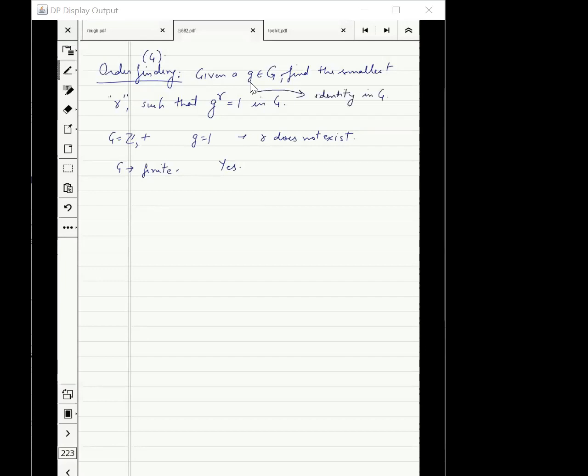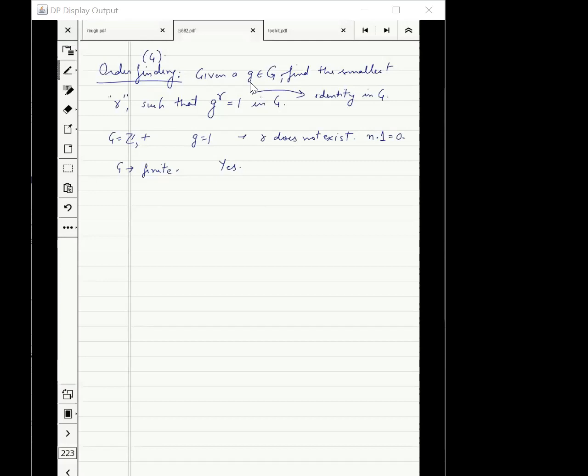So what is the identity in Z with plus? 0. Right. So here we wanted some number n such that n times 1 was equal to 0. Remember that when I'm defining the problem at the top, I'm taking the group operation as multiplication. That's why I'm writing it as g to the power r.